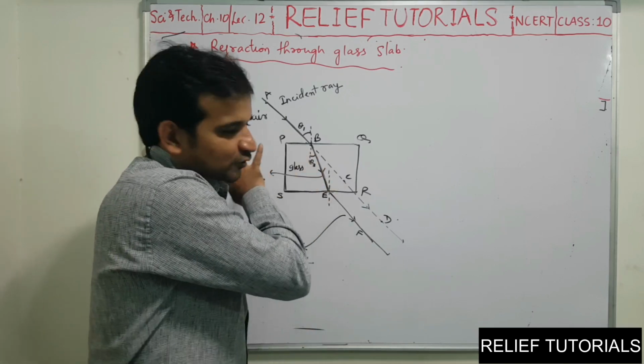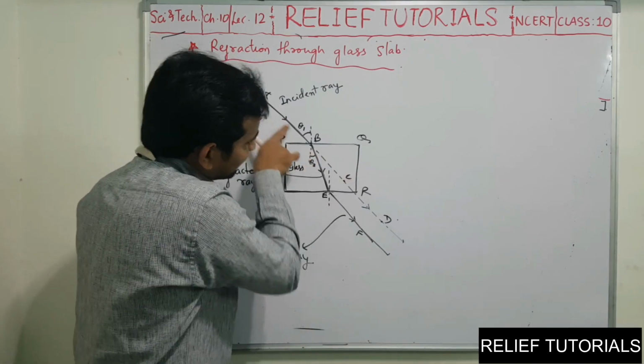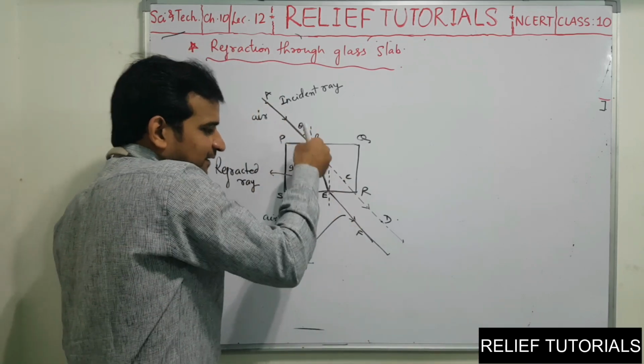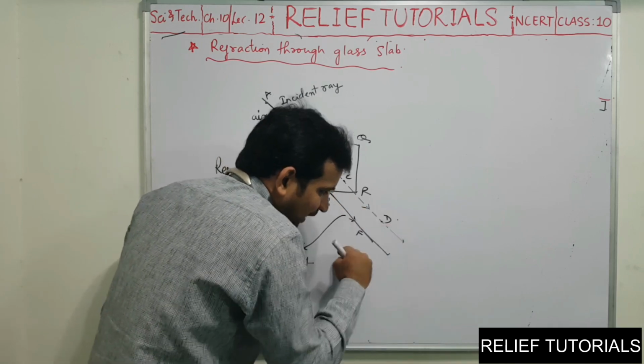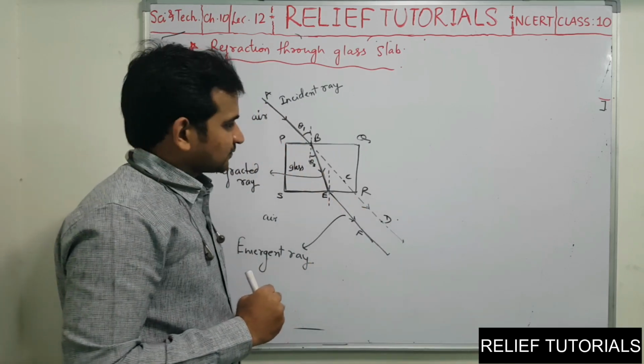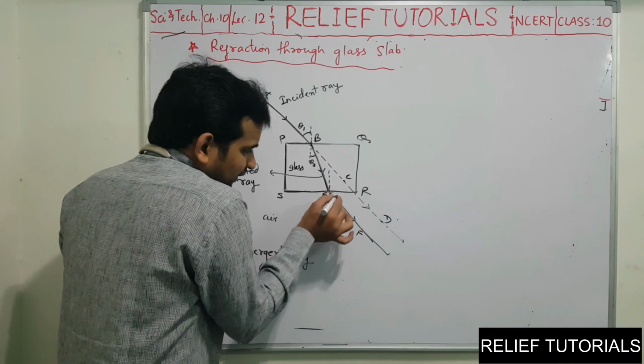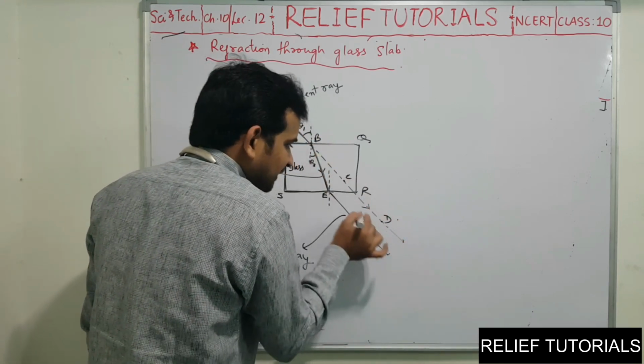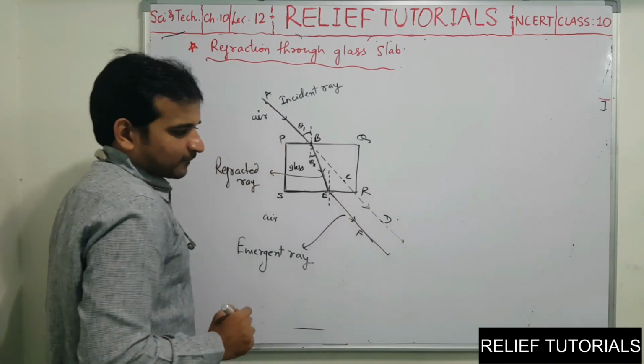If there was no glass slab, the light ray was A, B, C, D. But if the glass slab is present, the ray is still going in the same direction, but the path is shifted. So if you see the final emergent ray and the original incident ray, both are parallel.